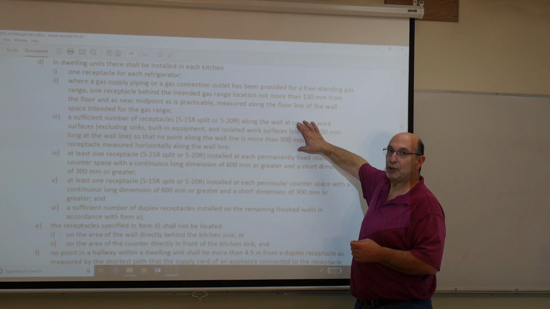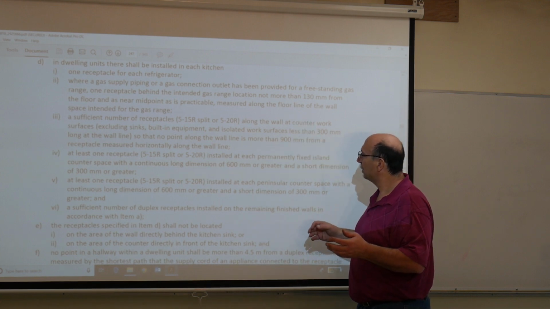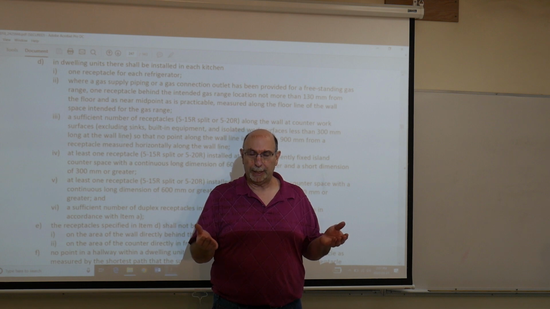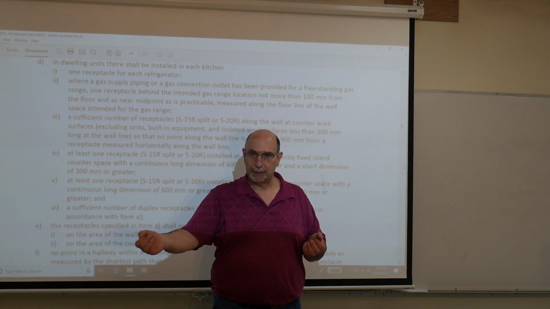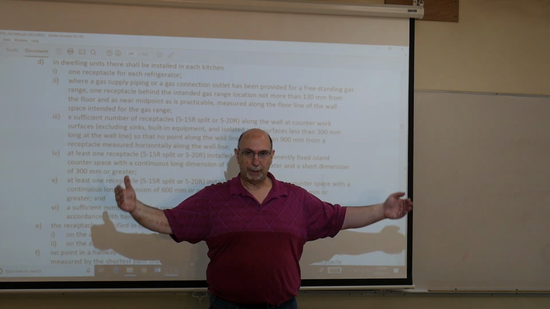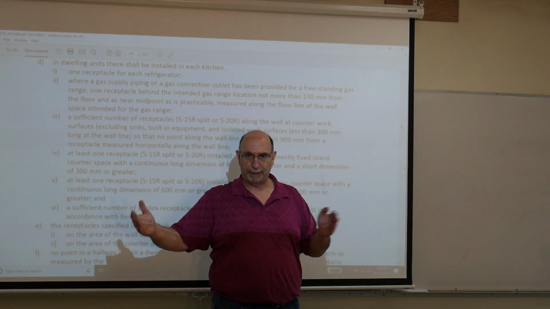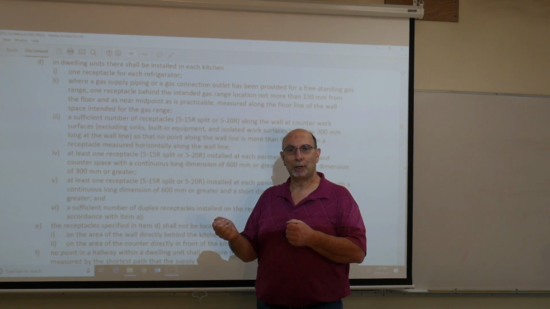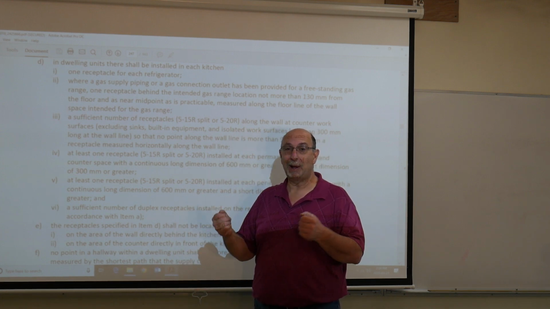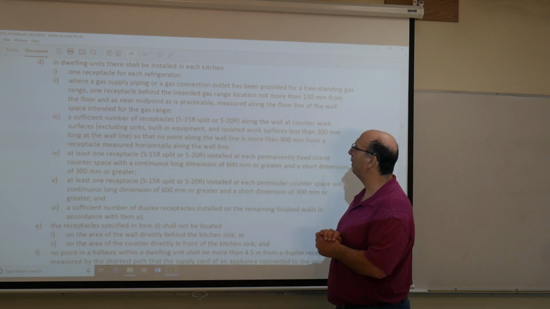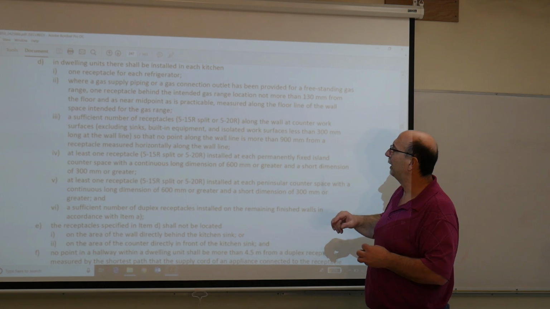So this is your kitchen counter receptacles. So wherever you happen to be standing in front of your kitchen counter, you have to have a receptacle within 900 millimeters, or a receptacle at least 1.8 meters, but you have to be within 900. Reason being, take a look at the short cords that are attached to coffee pots and the like. That's why you have to have so many receptacles in a kitchen.